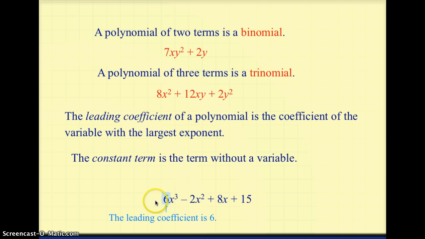The leading coefficient, remember, is the coefficient, the number, of the variable with the largest exponent. This has the largest exponent, so 6 is the leading coefficient. The degree is 3. It's to the third degree, which is the power. The constant term in this polynomial is 15 because it does not have a variable connected to it.